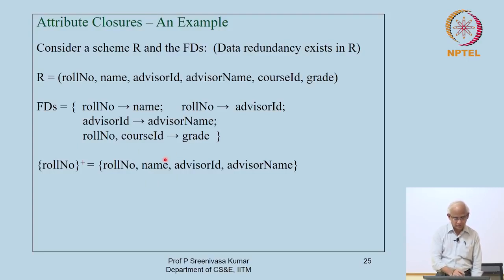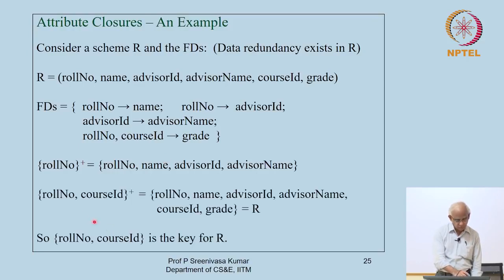It is kind of obvious, because grade doesn't determine grade. A key determines all the attributes, right. So, now if you take roll number and course ID, obviously since your roll number is there, all these attributes will come into the picture, and since course ID is also there, you can now use this FD, and so you get this.